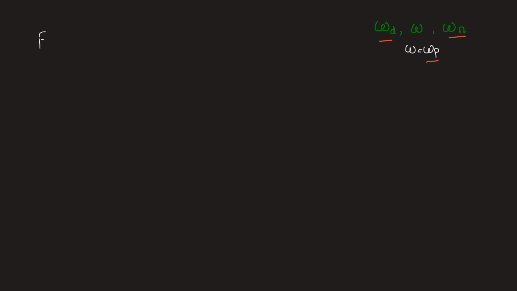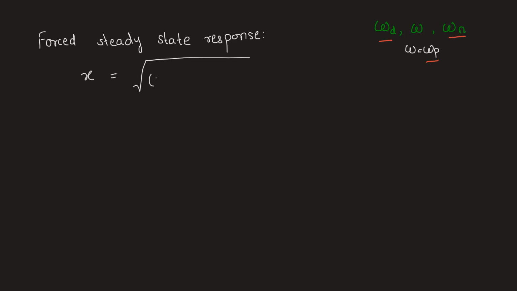So forced steady state response, let's denote it by x, is given as under root of (1 minus r square) whole square plus (2 zeta r) whole square. Now we are being given that for the peak amplitude of this system, focus on the words peak amplitude. It is not this forced steady state response which is maximum.